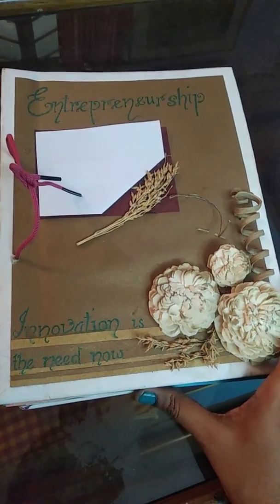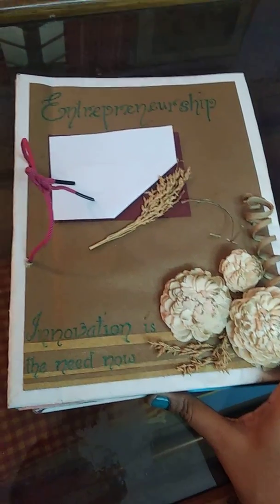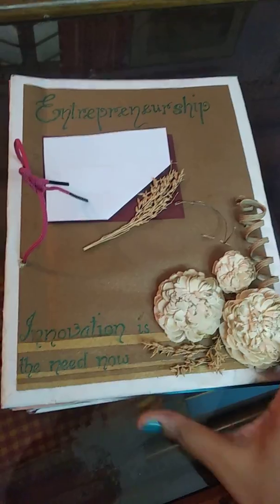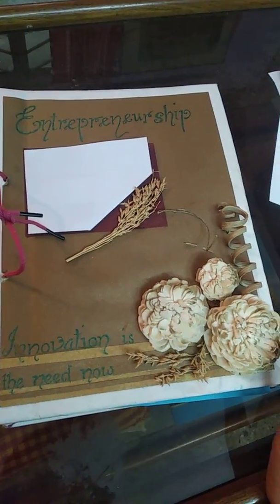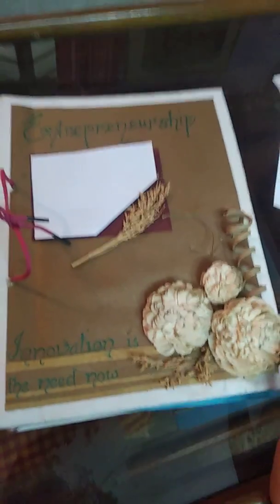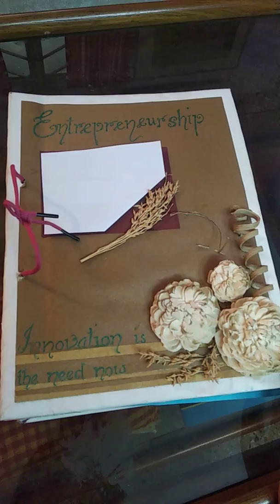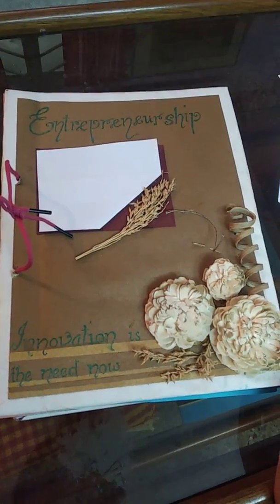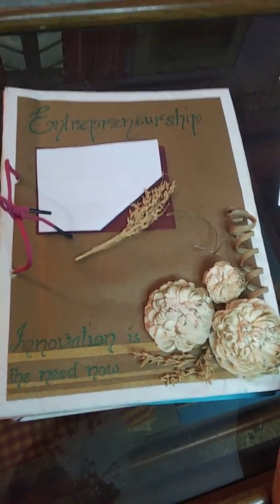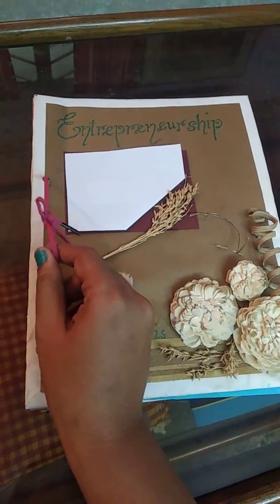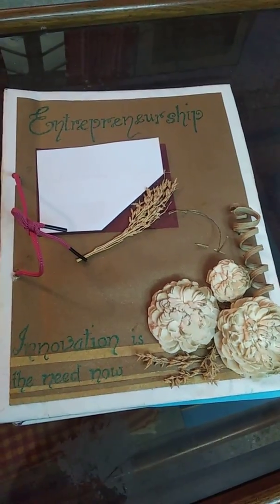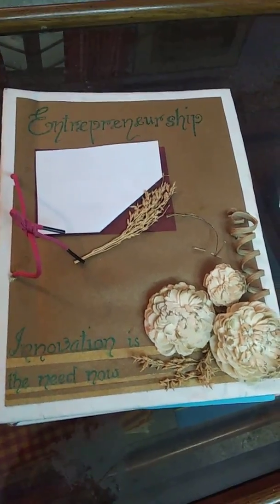Now, most of you will be advised and asked to make your projects in a shoelace file. There can be different options. You can go for spiral binding. There is also something called a channel file, though we don't prefer that. This is the one that mostly the schools will ask you to do, that is, do it on a shoelace file.